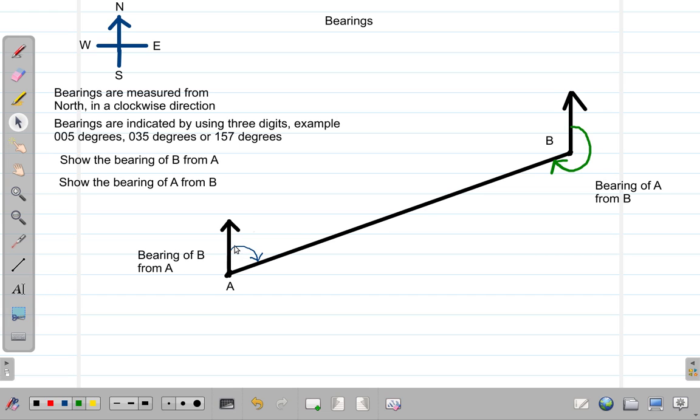From A means A is where you have your angle. Alright? And that angle is from the north in a clockwise direction to the line that joins A and B. I will see you in the next video.